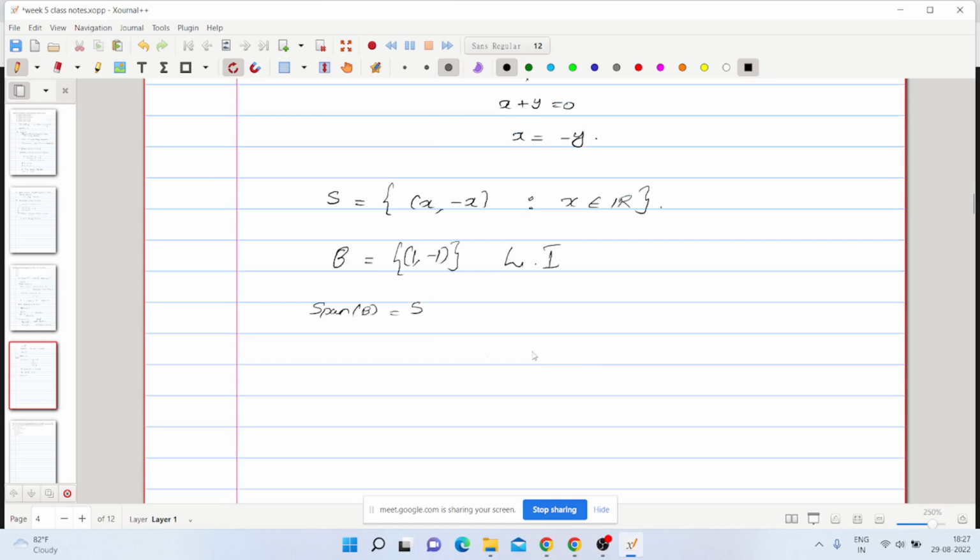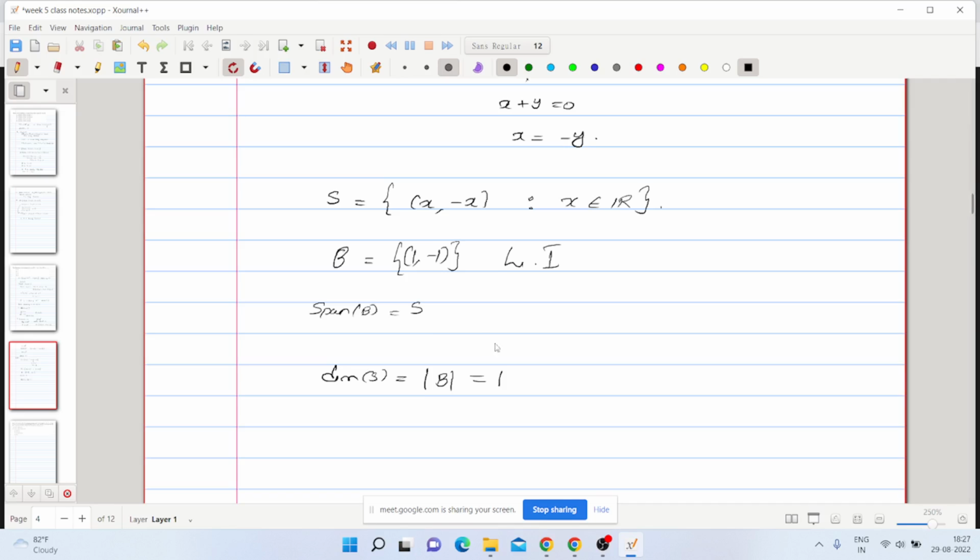So we got a basis, that is a linearly independent set which spans our S. So we know that the dimension of S is the number of elements in the basis B. Number of elements is 1. So in this way also we can say the dimension of S is 1.